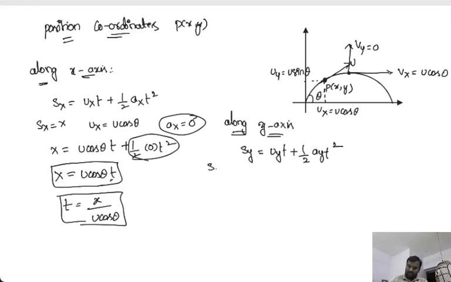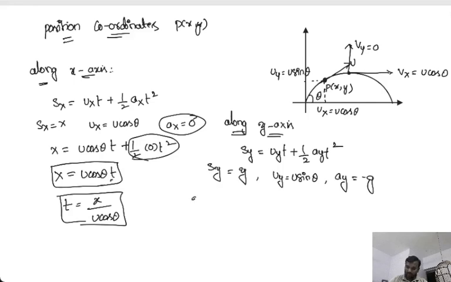Here Sy means the displacement in the y-axis direction. At the same time, you know uy is equal to u sin theta. And how much is the ay value? Minus g, because the ball is thrown in the upward direction and acceleration due to gravity acts in the downward direction. Minus. Substitute these terms in this equation.